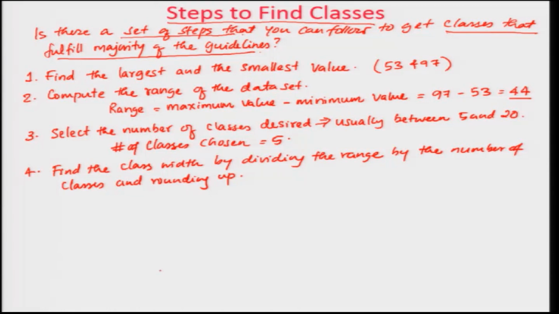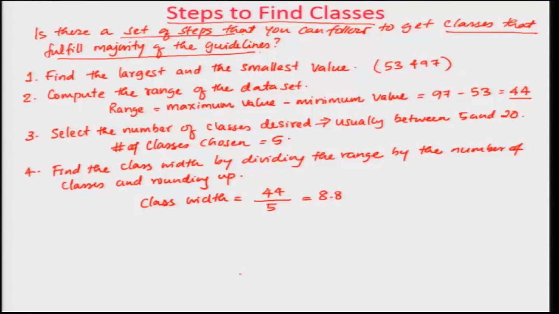Okay. So one way to do this is, class width is equal to the range 44 divided by the number of classes, 5. So that is 8.8. That is the class width.